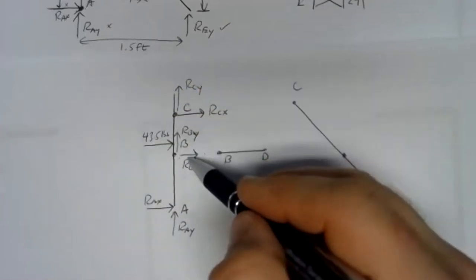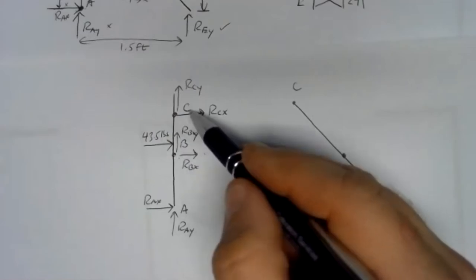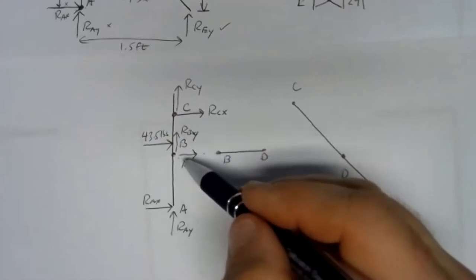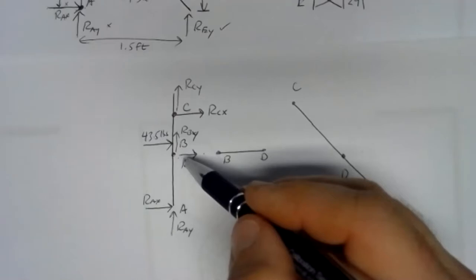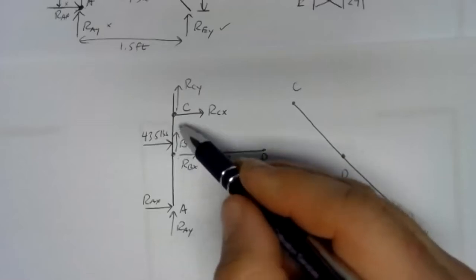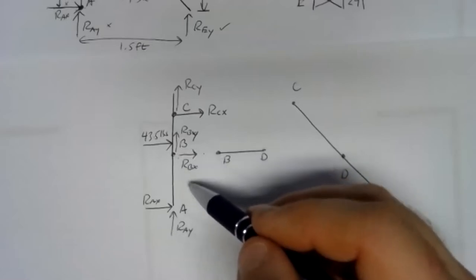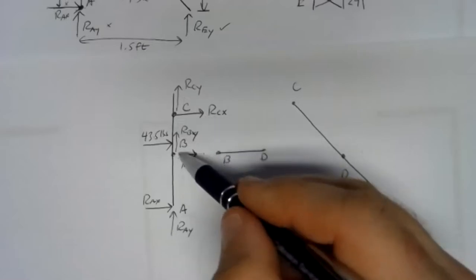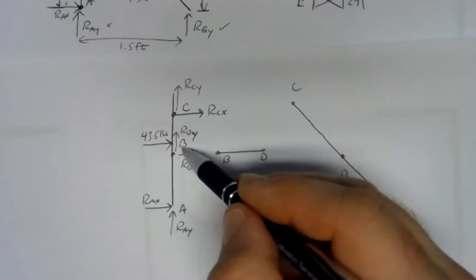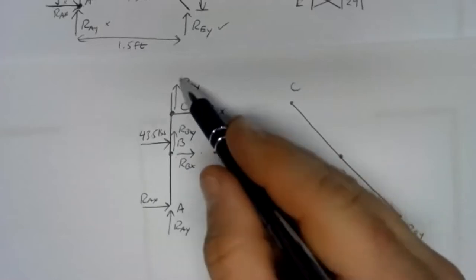And since this is the first time I'm drawing arrows for B and for C, my technique here to keep myself from making mistakes with signs is to always assume positive the first time I draw that joint in a free body diagram. So here I've drawn members B and joints B and C exposed in this free body diagram. So I've assumed positive directions.